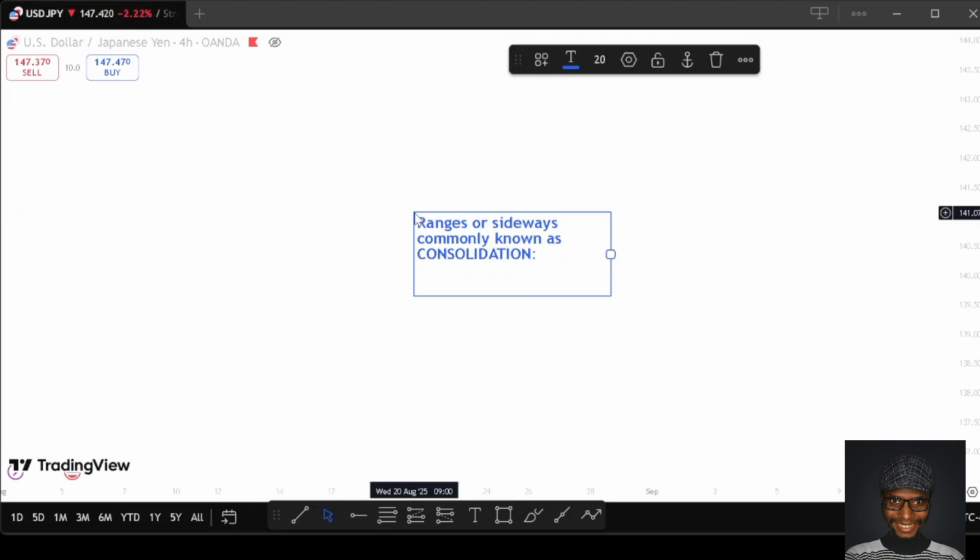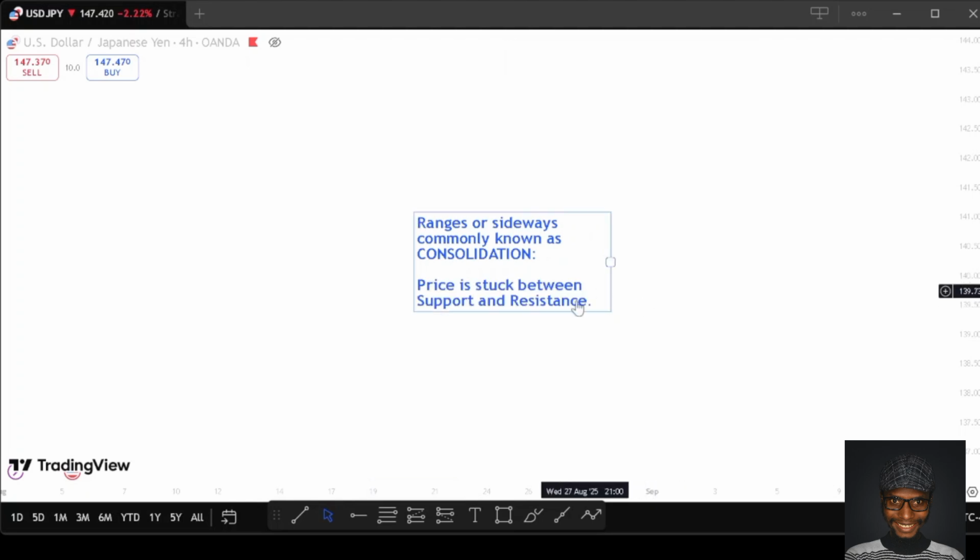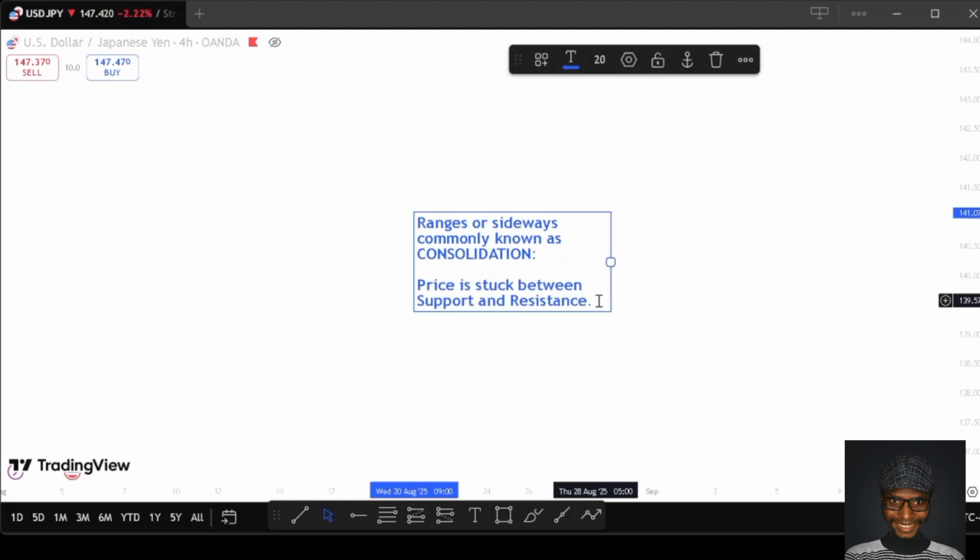This is where price is stuck between support and resistance, like price is moving within a box, no clear trend, no clear direction on where it is likely to go next.